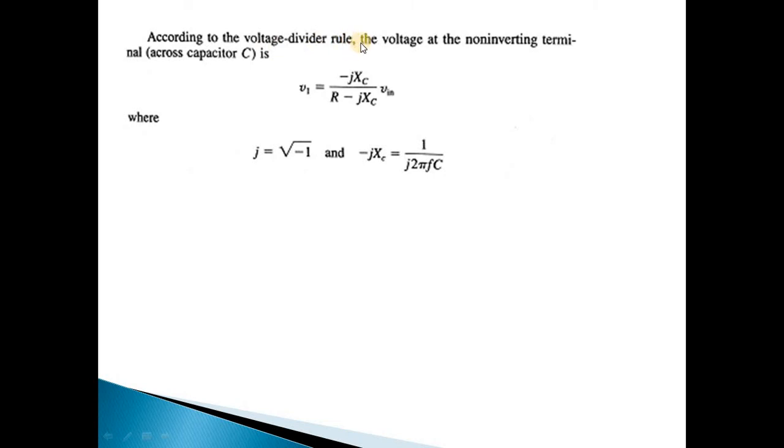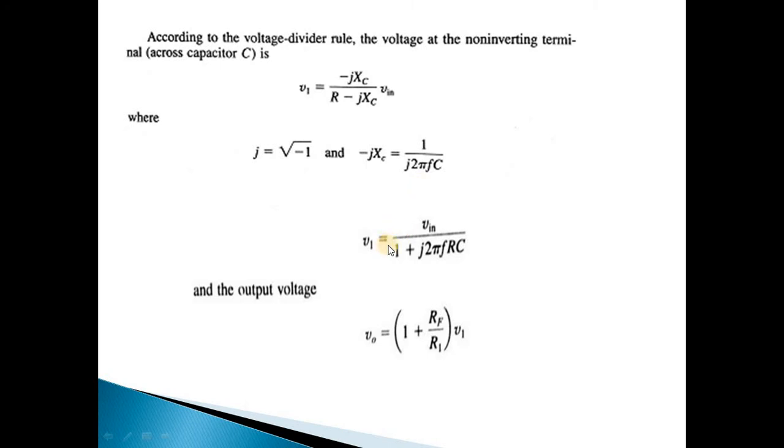According to the voltage divider rule, the voltage at the non-inverting terminal, across the capacitor, V1, is equal to minus jXC divided by R minus jXC, into the input voltage, where j is equal to under root minus 1, and minus jXC is equal to 1 divided by j 2 pi fC.